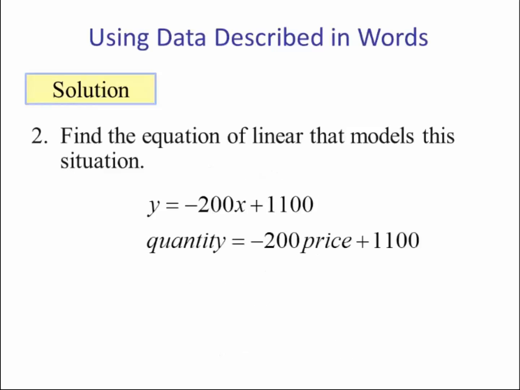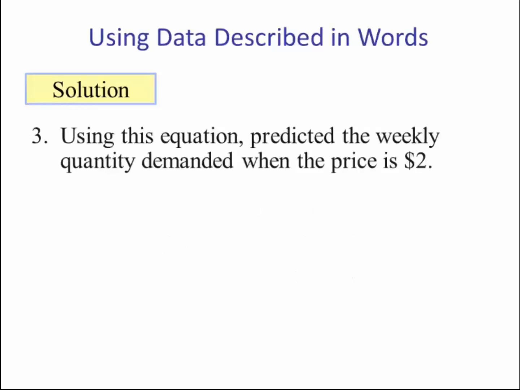If we use the variables from this situation, we see that quantity equals negative 200 times price plus 1100. Using function notation, we could write it as Q of P equals negative 200 times P plus 1100. Number 3, we have our equation.